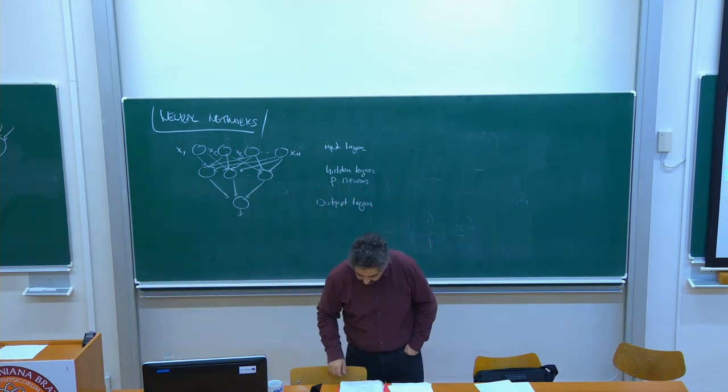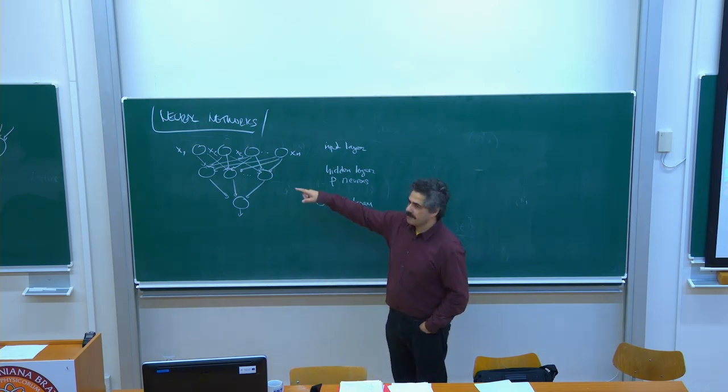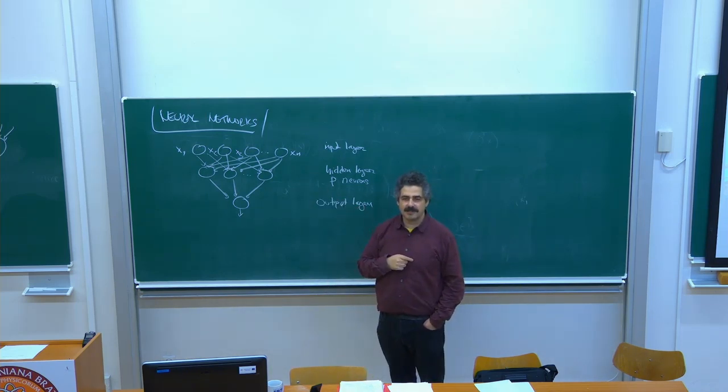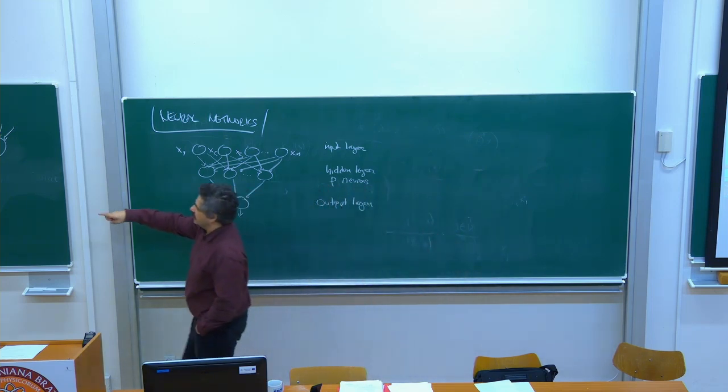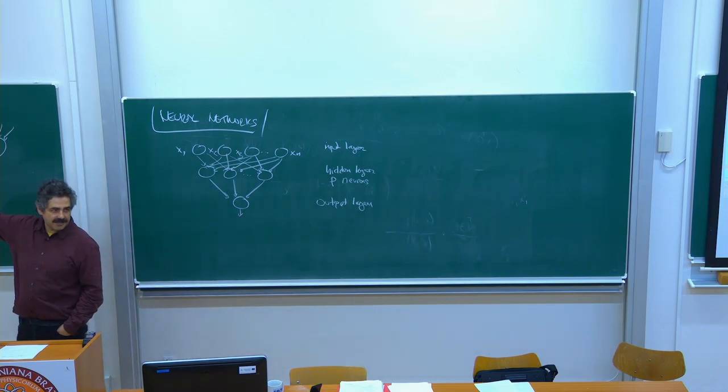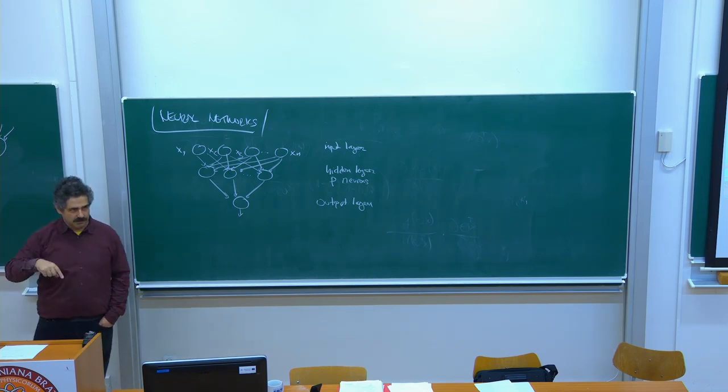So the first question from me: what are the parameters of this network? Here we just had some parameter vector theta with as many parameters as there are input attributes.